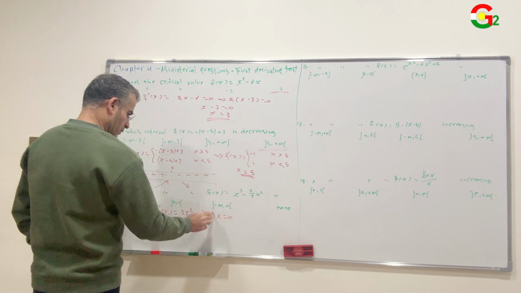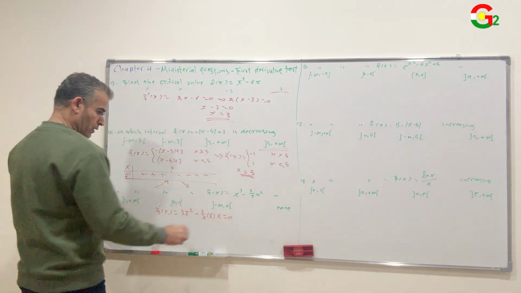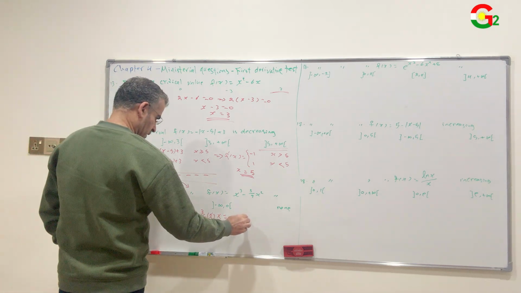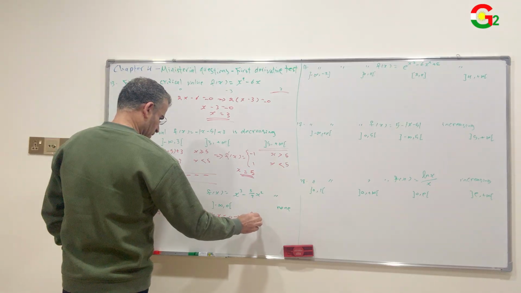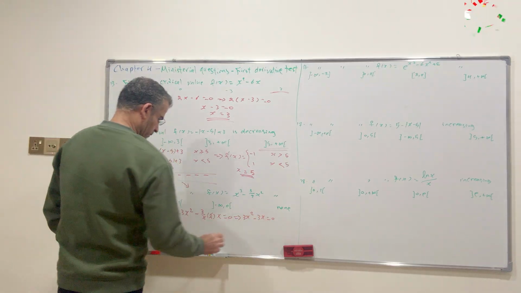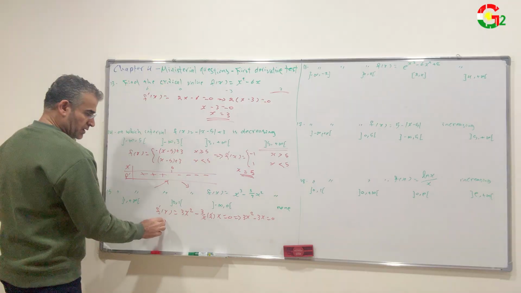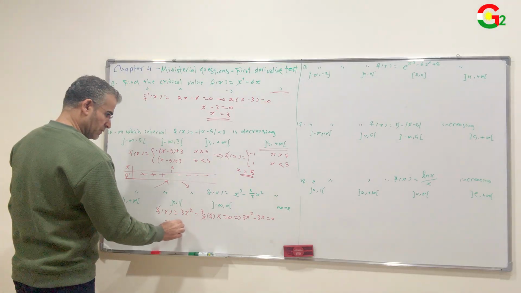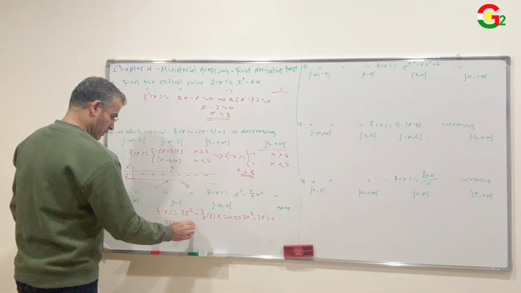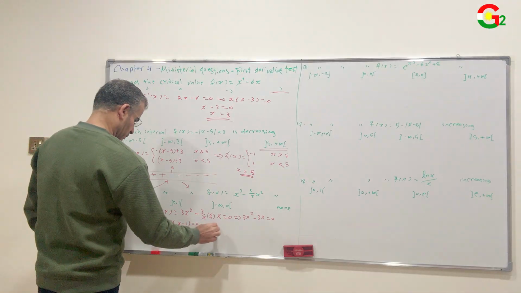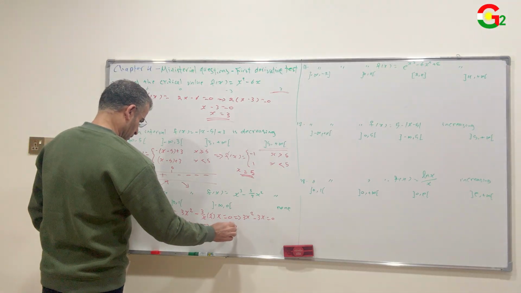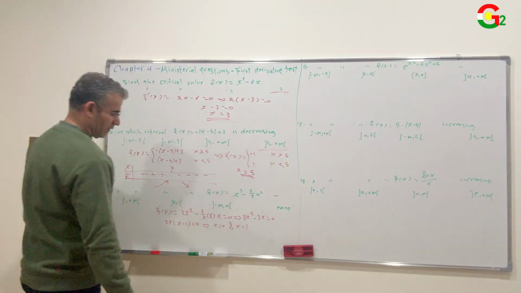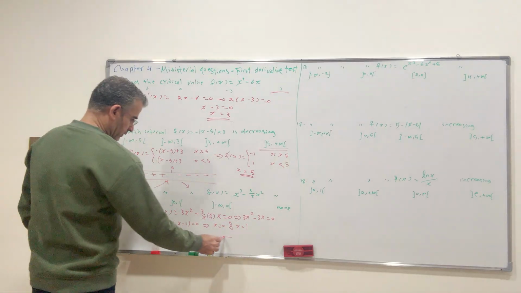Set it equal to 0. Reduce 2 with 2. Then 3x power 2 minus 3x equals 0. Factorize by 3x: x minus 1 equals 0, so either x equals 0 or x equals 1. We have two critical values.